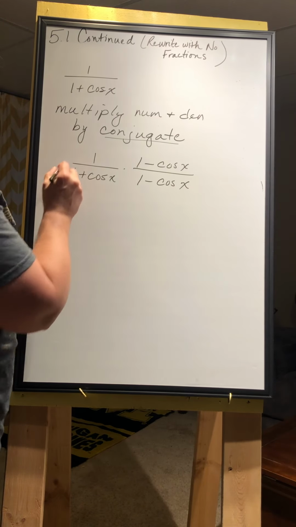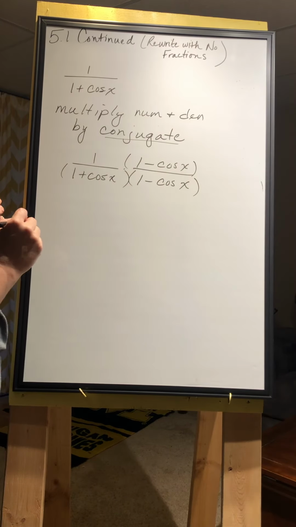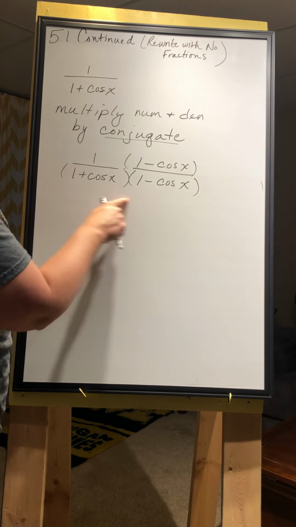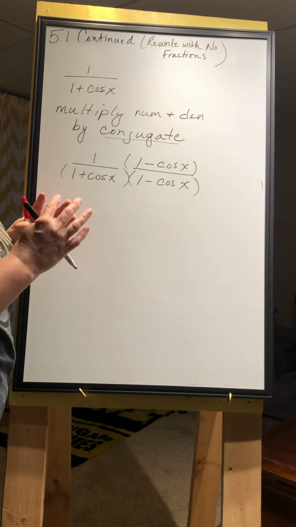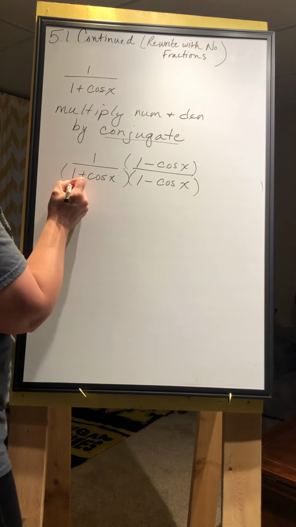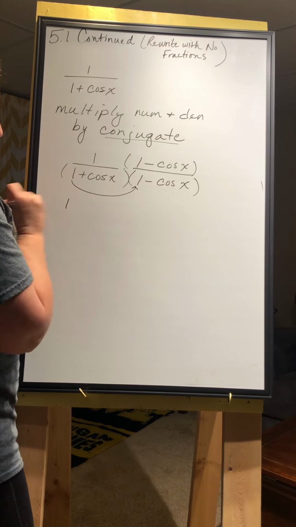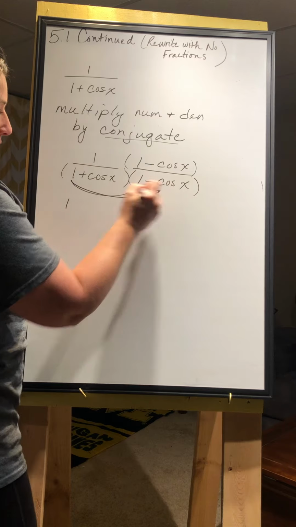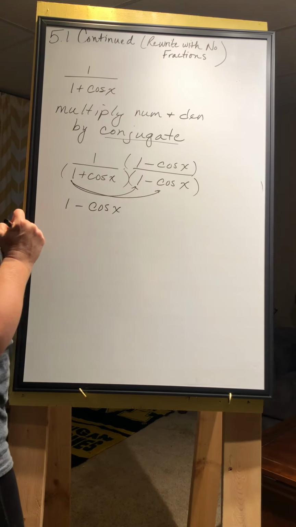So now what we're going to do is multiply the numerators and multiply the denominators. When I multiply these denominators, we're going to get the difference of two squares. So you FOIL this. The first 1 times 1 is 1. Then 1 times a negative cosine x is negative cosine x.